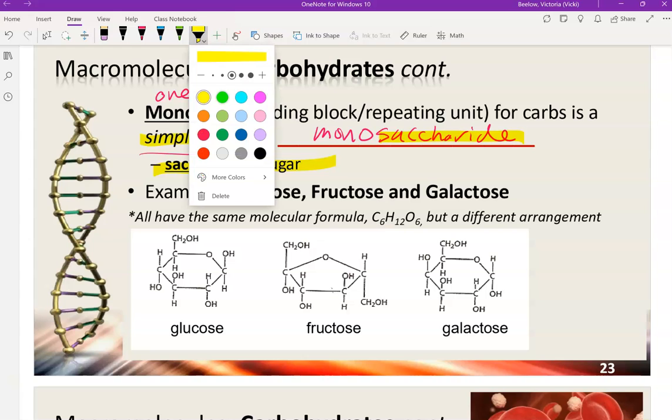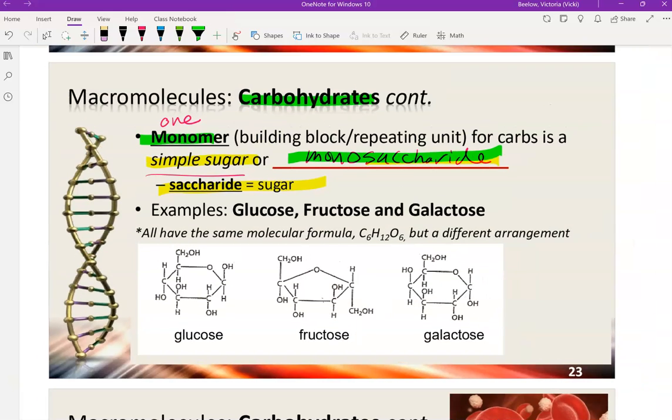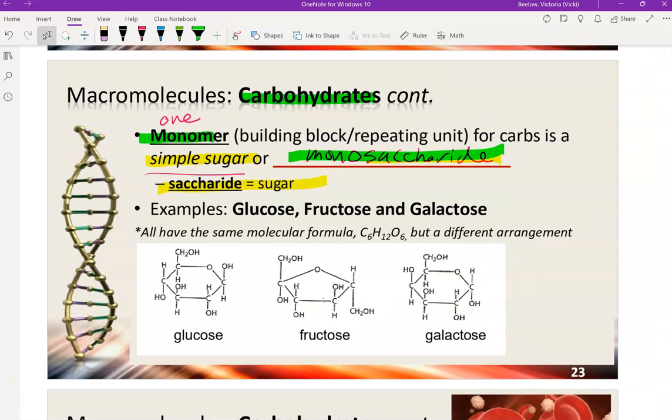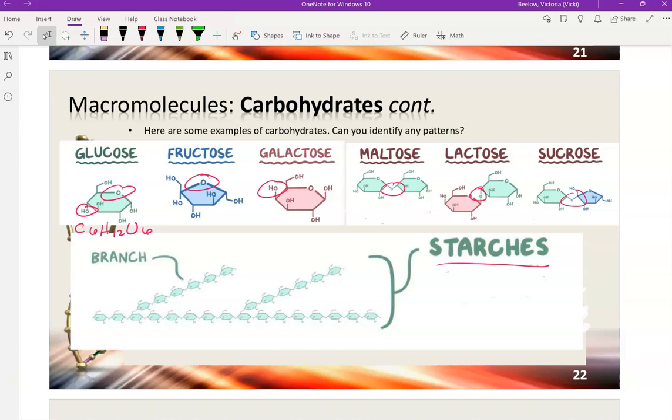The monomer for carbohydrates is a monosaccharide. These three are examples, and they all have the formula C6H12O6, just a different three-dimensional arrangement. We could put these together to get different structures, or polymers, and we're going to call these disaccharides, di meaning two.